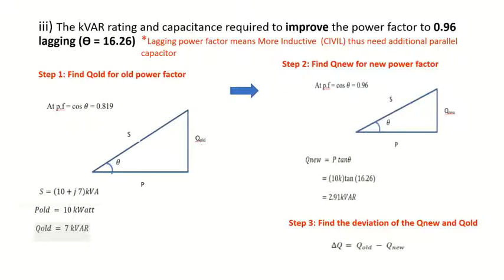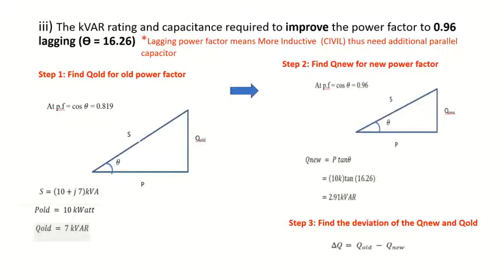So you have 10 plus j7 previously. Your P old is 10 kilowatt and your Q old is 7 kVAR.